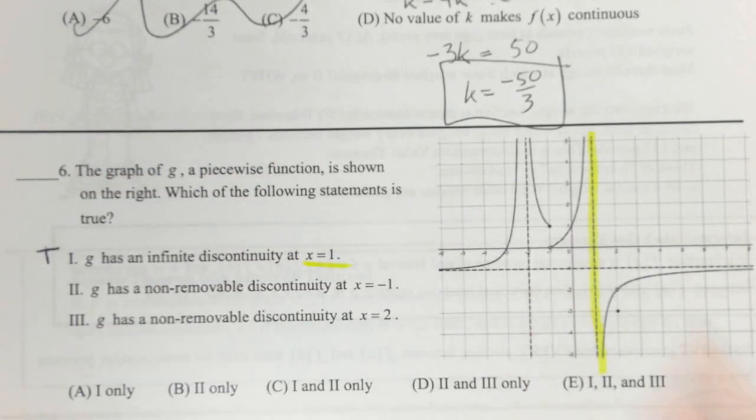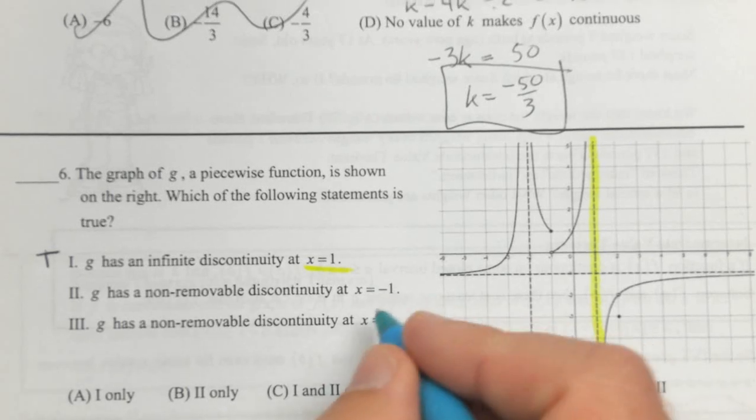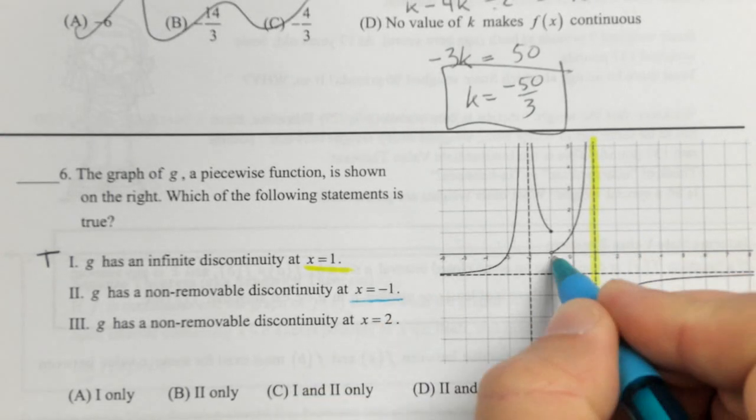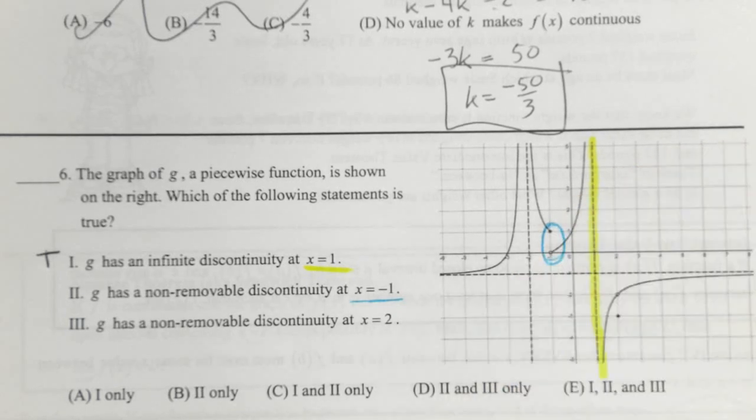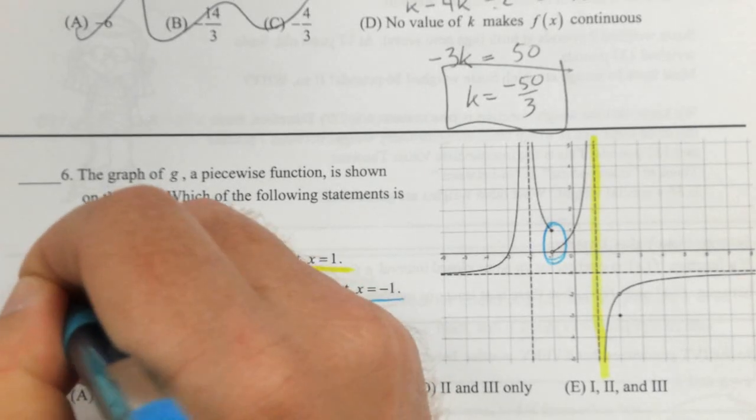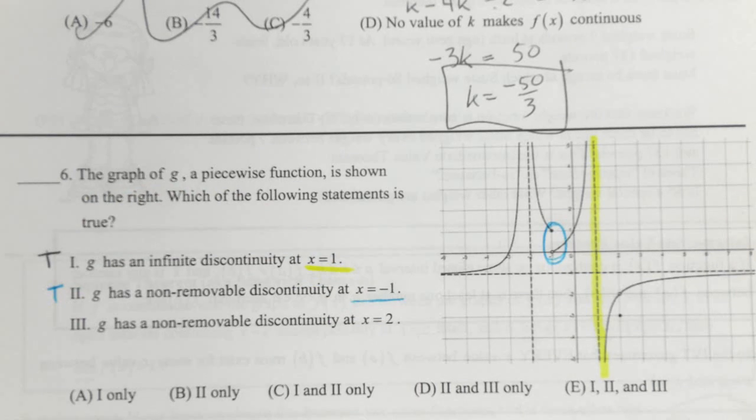So statement 1 is true. Statement 2. G has a non-removable discontinuity at x equals negative 1. X equals negative 1, that's over here. Yeah, that's not removable. That's not fixable. A jump, I can't fix a jump. So statement 2 is true.